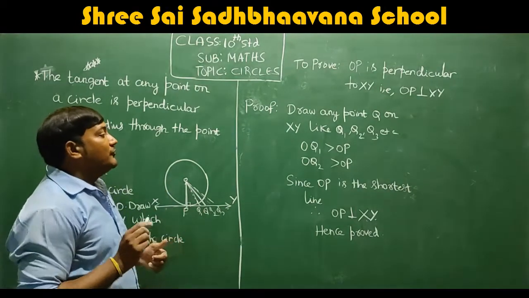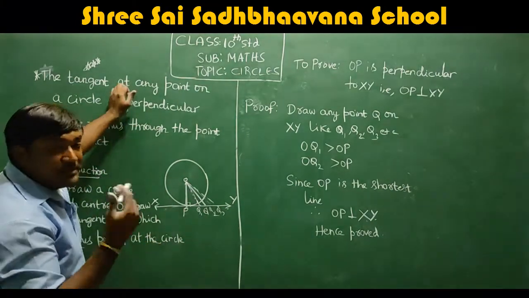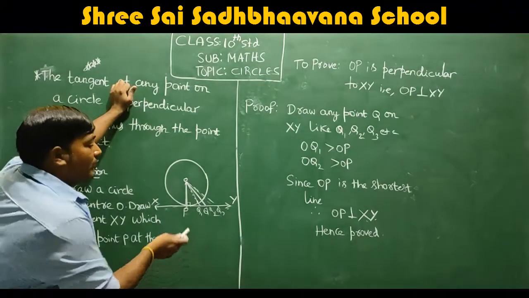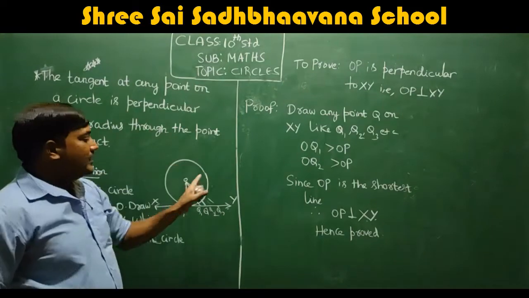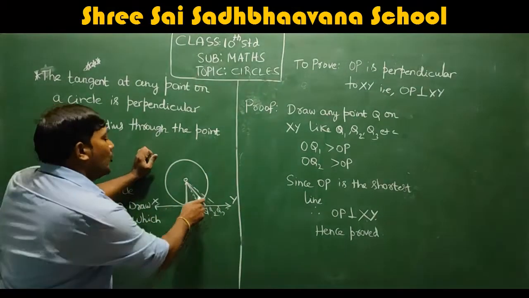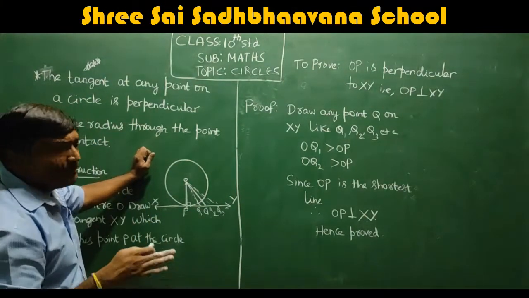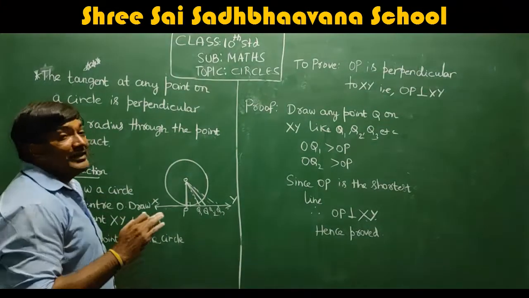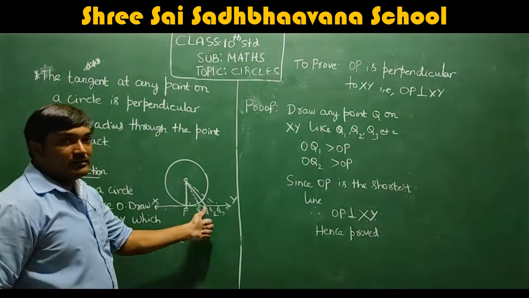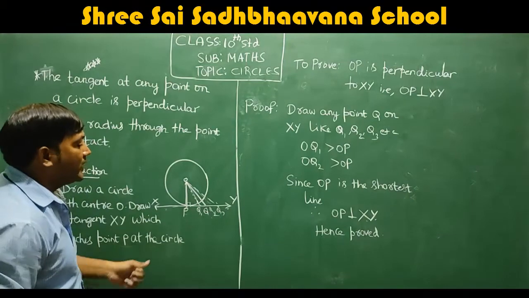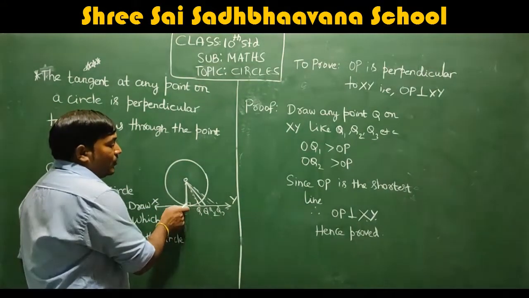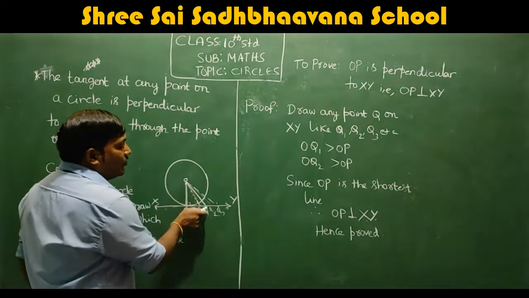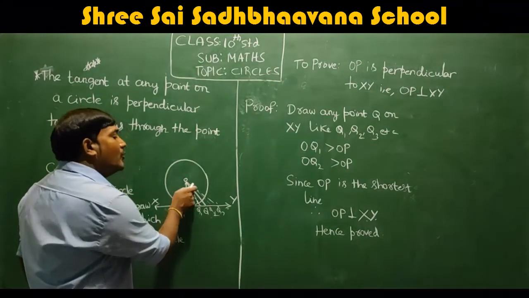Whichever point you check, the distance OQ1, the distance OQ2, OQ3, any distance you compare with the distance OP, they are greater. By looking at the line segments only, you can confirm that OQ1 is greater than OP, and OQ2 is greater than OP. OQ3 as well.